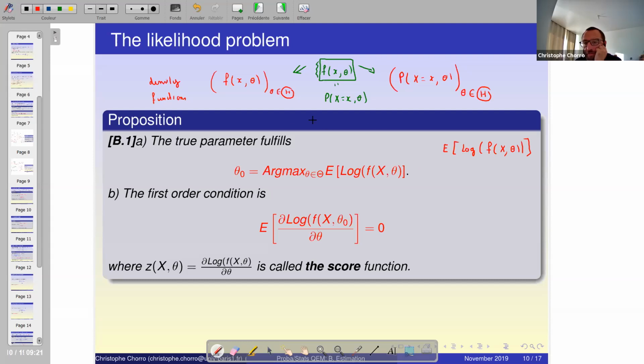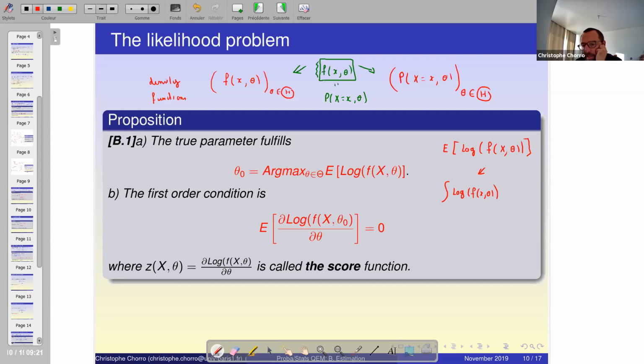Keep in mind that capital X is my random variable of interest, I know that its density belongs to this family, and I know that the true parameter is denoted by theta 0. If I want to compute this expectation in the continuous case, it is just the integral of the logarithm of f of x, theta, multiplied by what?